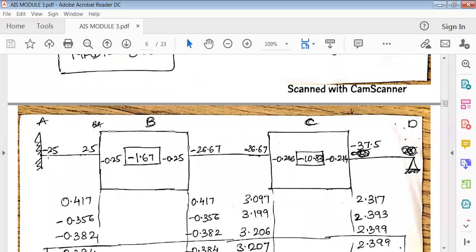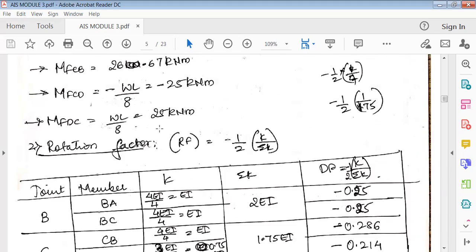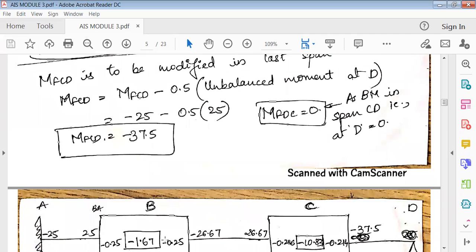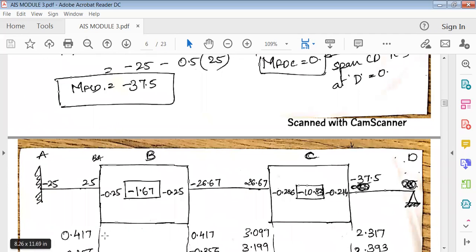Then what you have to do, as usual, is the fixed end moments. We have already calculated the fixed end moments for this portion. So it is now minus 25, plus 25. Then BC is minus 26, plus 26. Now this is important. Whatever is existing at C, that is the modified moment you have to take.